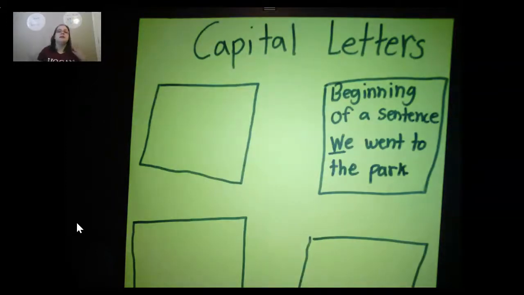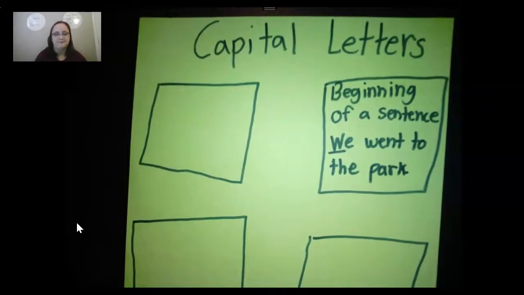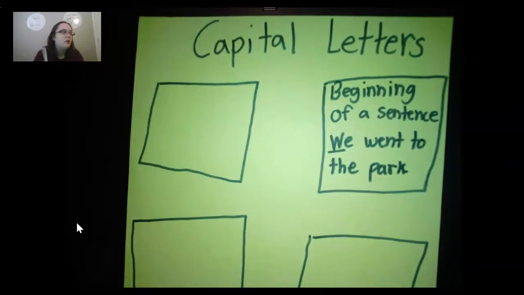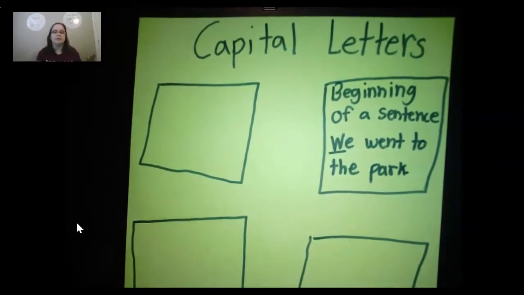When is another time that you might use a capital letter? We got our writer brains on. We're thinking. I thought of one. What about the word I? The word I is always capitalized.